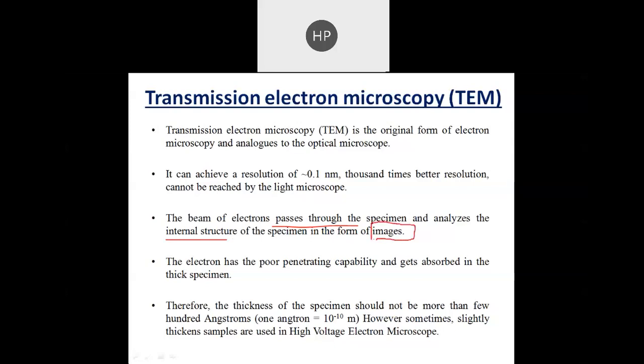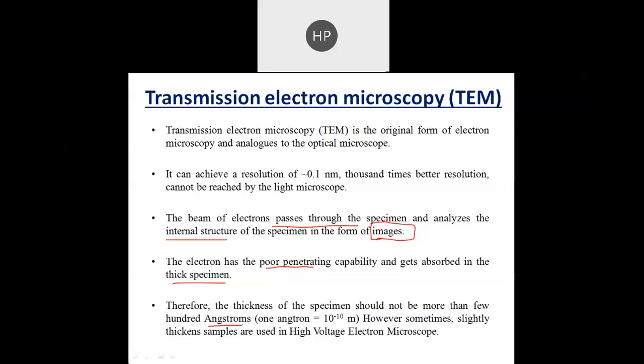That is a very important thing. The electron has poor penetration capability and gets absorbed in a thick specimen, and that is why the thickness of the specimen should not be more than a few hundred angstrom.